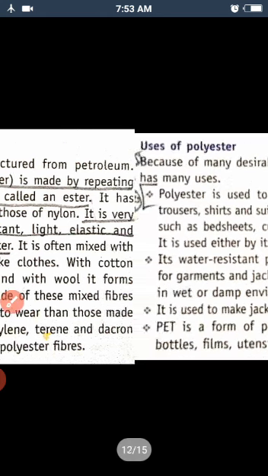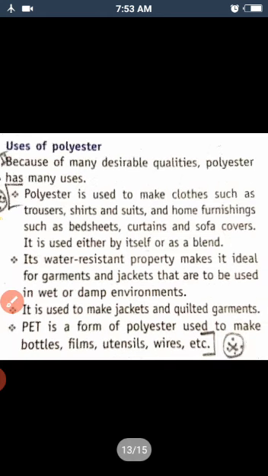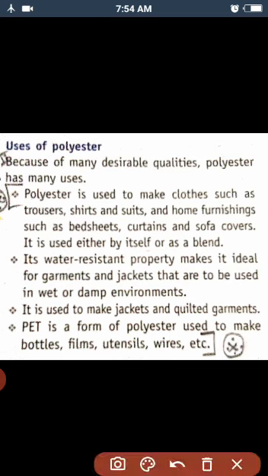So next, uses of polyester. Polyester has many desirable qualities and is used to make many useful things. It is used to make clothes such as trousers, shirts, and suits, and home furnishings such as bed sheets, curtains, and sofa covers. It is used either by itself or blended.